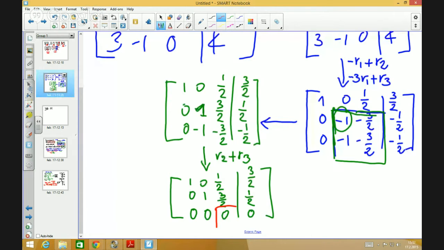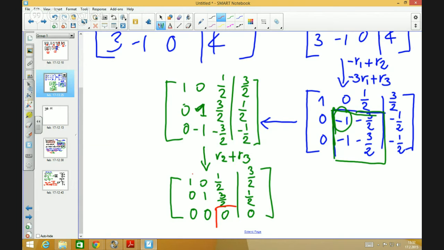Okay, so now we look at this matrix and we realize that this matrix has 3 rows, which says we have 3 equations to begin with, 3 columns, which means we have 3 variables, but one of the rows now is all zeros, which means that we have 2 leading ones.